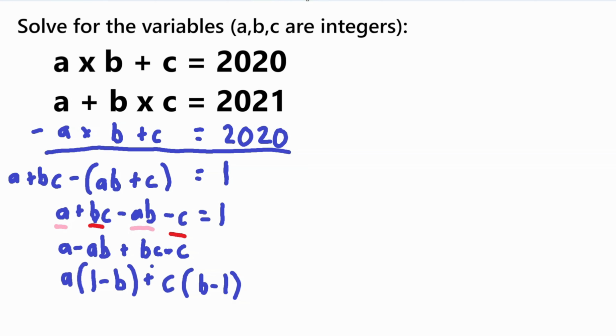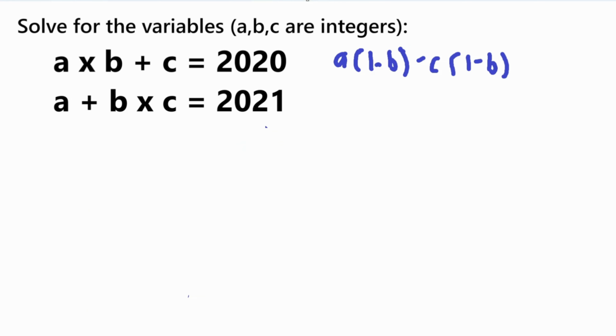So what would that look like? This would still say a times 1 minus b. And if we factor out a negative 1 here, we multiply the c by negative 1, so it'll be negative c, and then everything reverts: the b becomes negative b, and the negative 1 becomes 1. So this turns into 1 minus b. Now these two terms are the same.